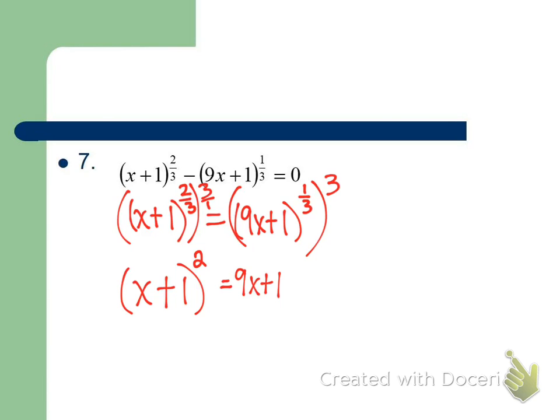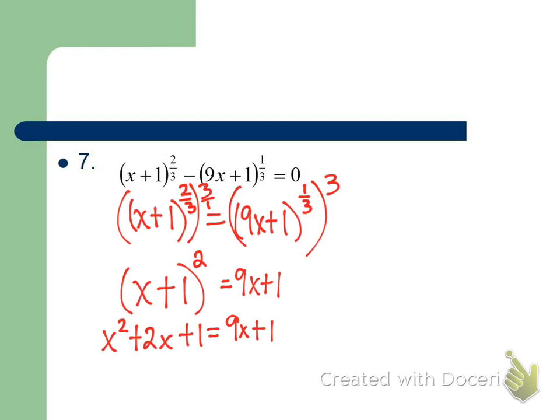Okay, this problem's not quite as nice as the last one, however, because what are we going to have to do on the left? Expand it, double distribute. What do we get when we multiply out x plus 1 times x plus 1? Good. X squared plus 2x plus 1 equals that 9x plus 1.